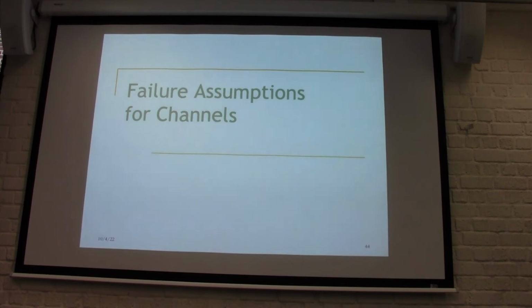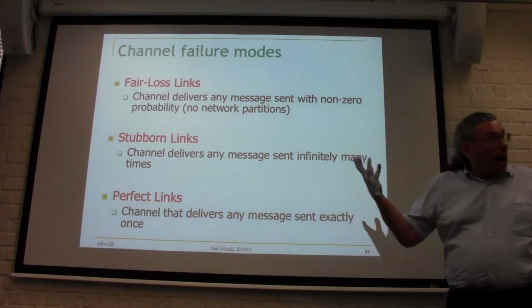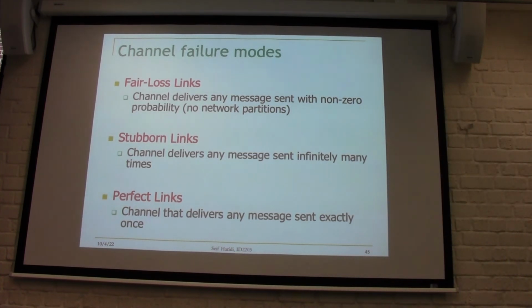Okay, now let me start writing some code. So I talked about node failures. Now I want to talk about network or channel failures. And then we write some code. So how do networks fail?